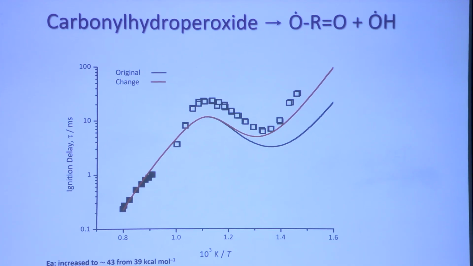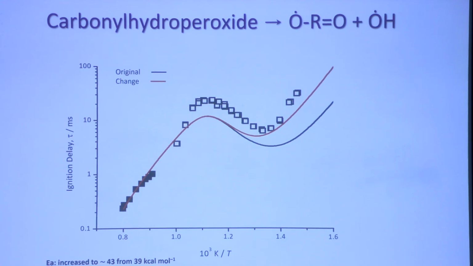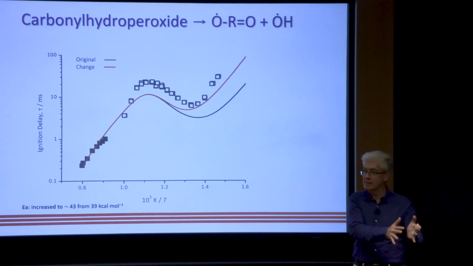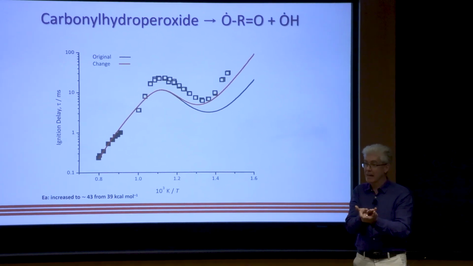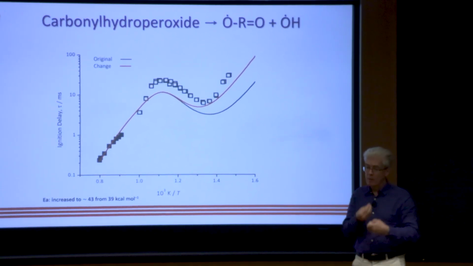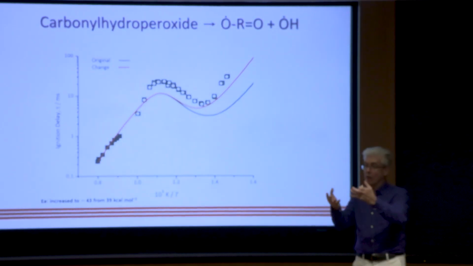But we had to do that such that the reactivity that we were predicting at low temperature was fast enough, right? Again, why? Because the thermochemistry was wrong, and everything was shifted to reactants, and the system wasn't reactive enough. Now, when we put it back, it is now reactive enough.